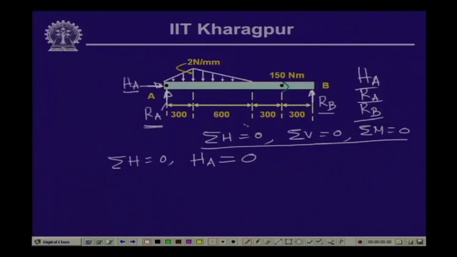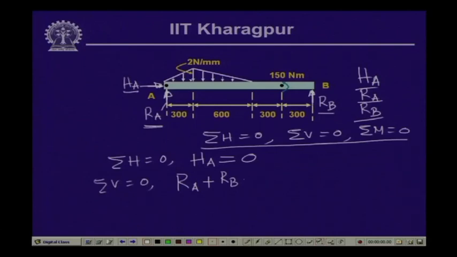Now, if we take the summation of vertical forces equal to 0, the vertical forces we have are the reactive force R A plus the reactive force R B. Since R A and R B are pointing upwards, both are added, and then let us add the other quantities.